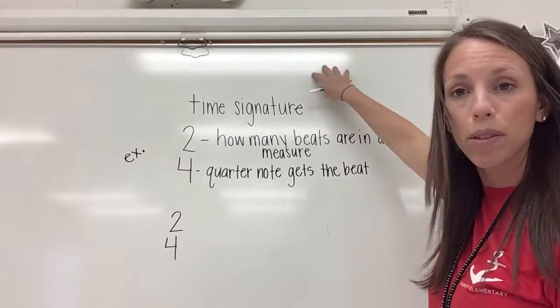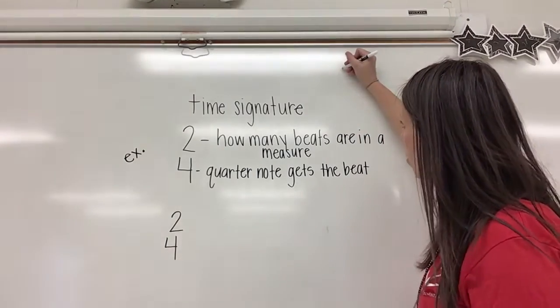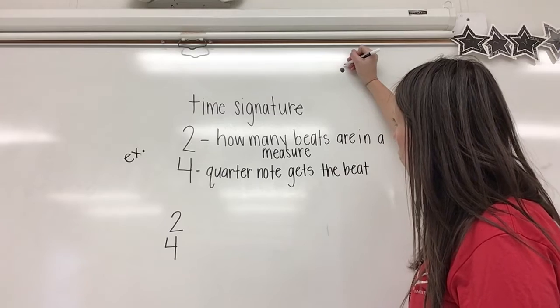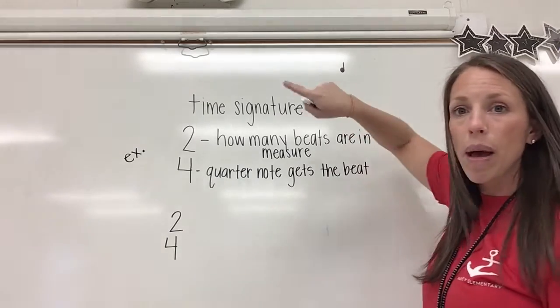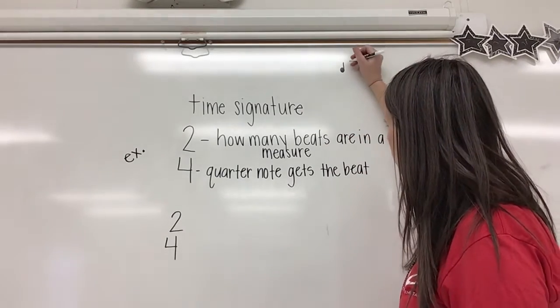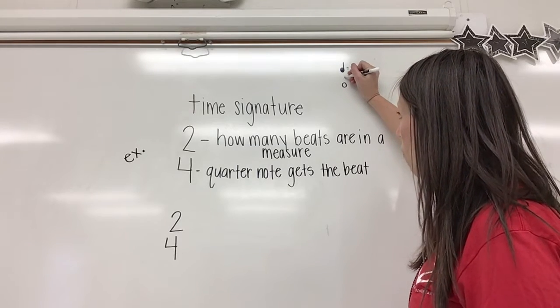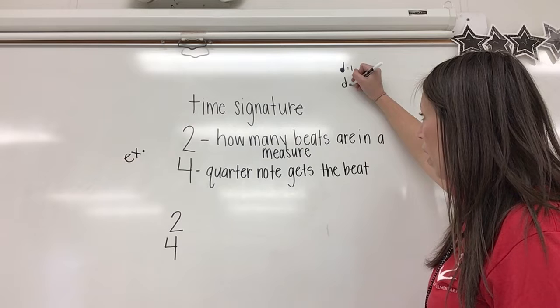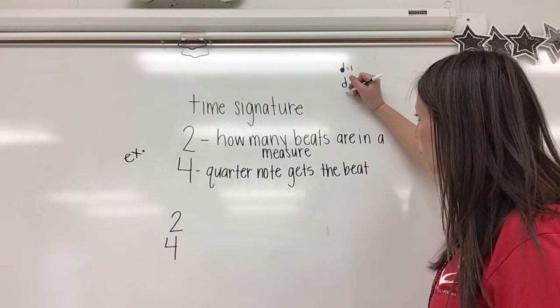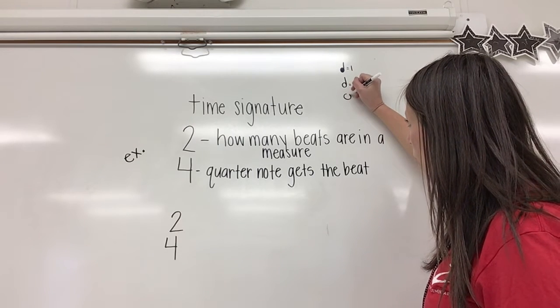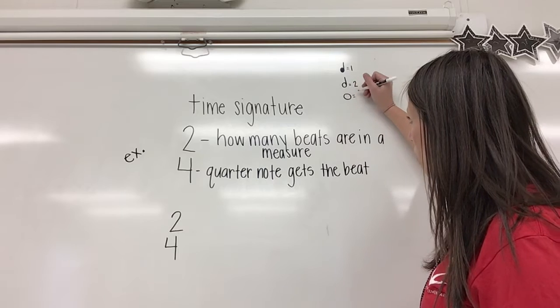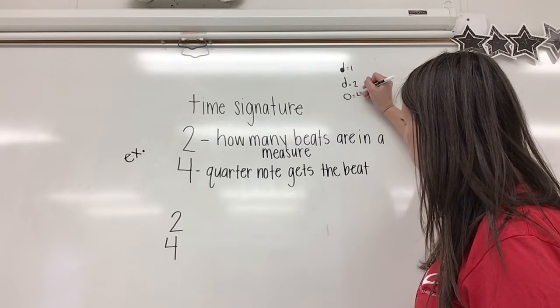Maybe we could add them to the top of our paper just to remind us. We know about a quarter note, and we know a quarter note gets 1 beat. We know about a half note. Half note gets 2 beats. We know about a whole note, and a whole note gets 4 beats.